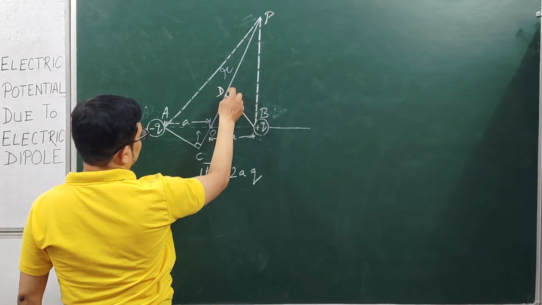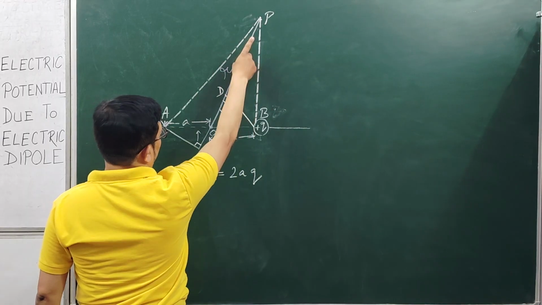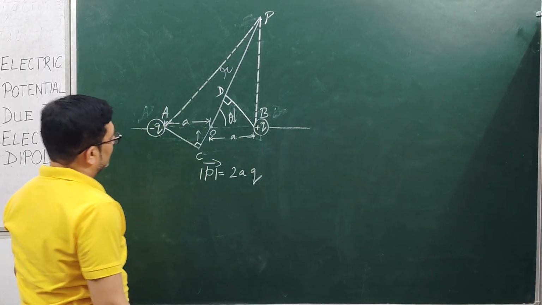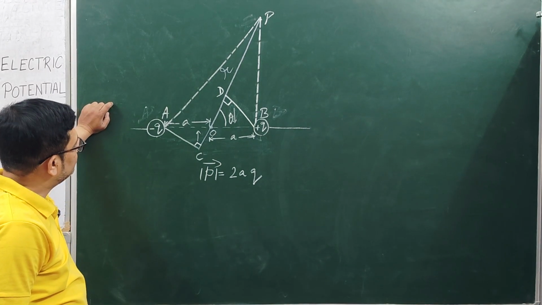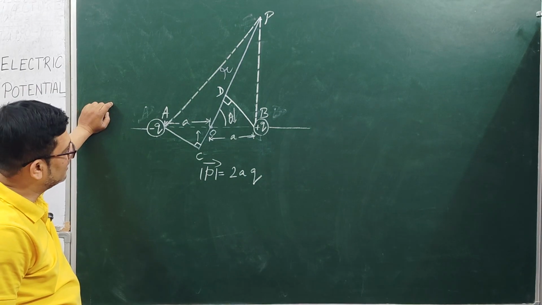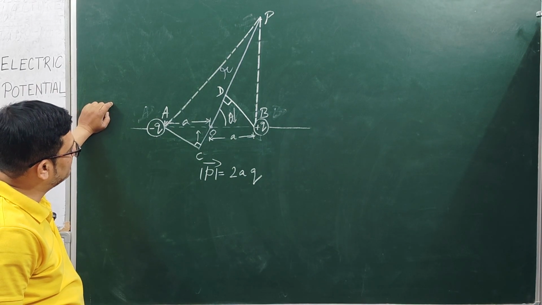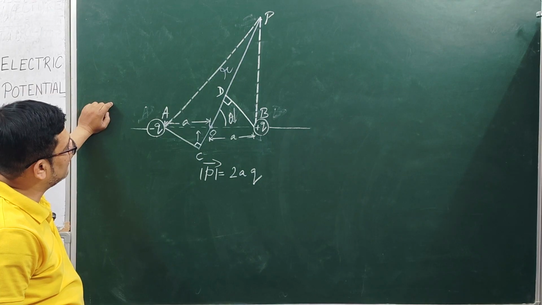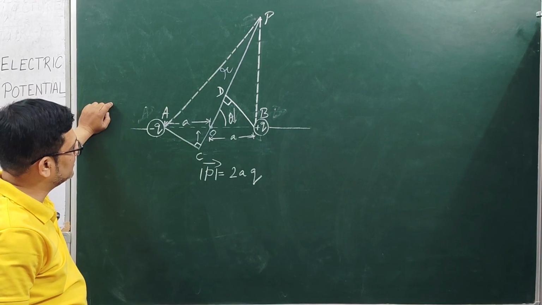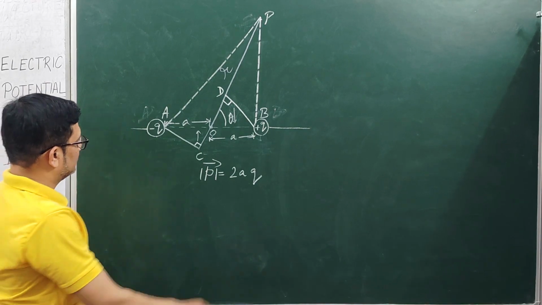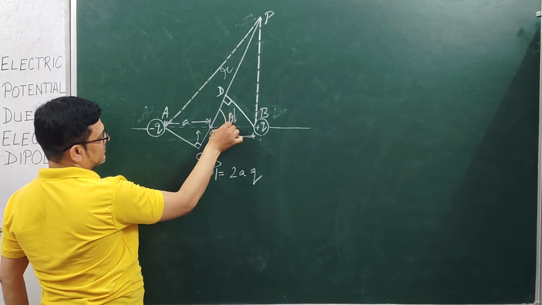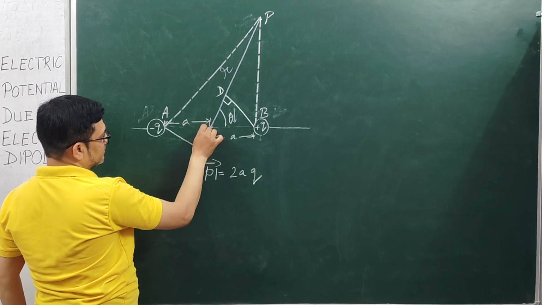This point is D. So this is R and this is D and this is B. Now, look carefully at triangle ACP and triangle PDB. This is what the configuration looks like. So if this angle is theta in this triangle, this angle will also be theta.